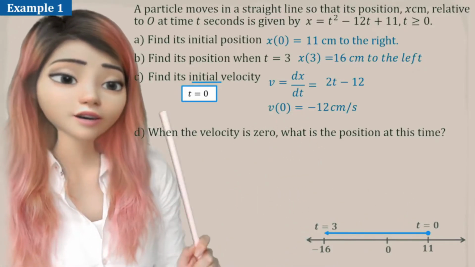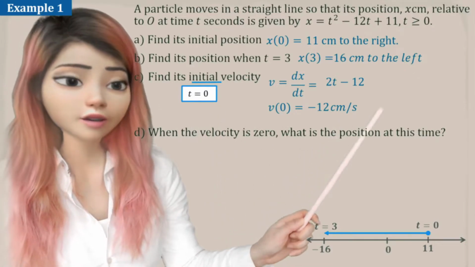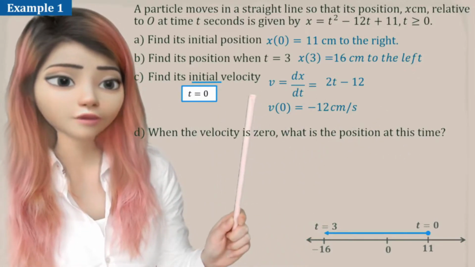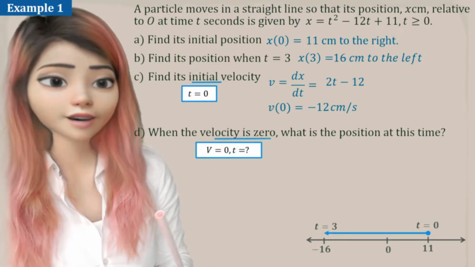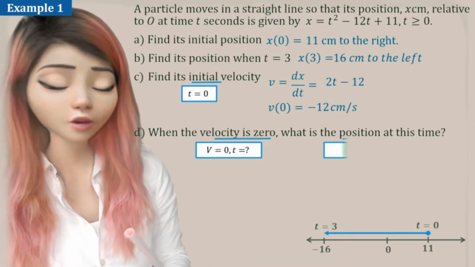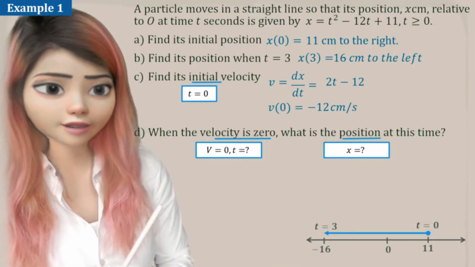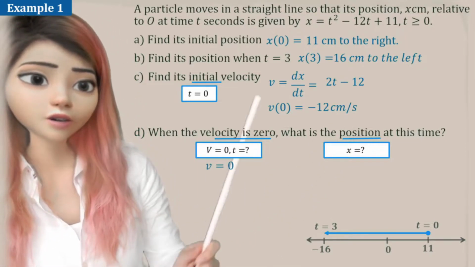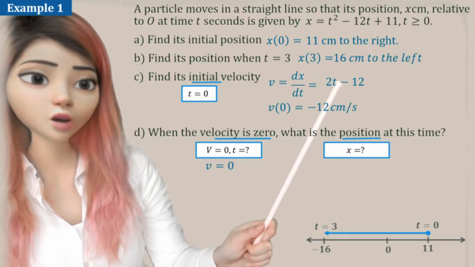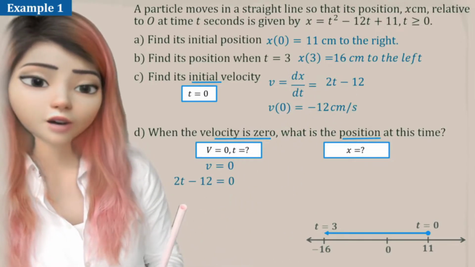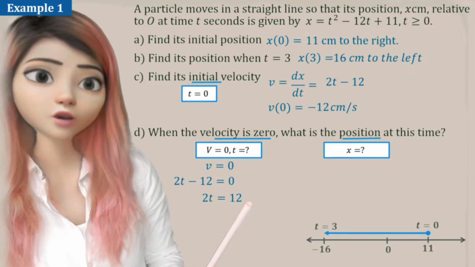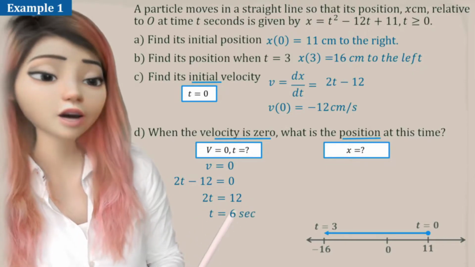When the velocity is 0, what is the position at this time? So when v equals 0, what is x? First we have to find what t is, and then plug t in to find what x is. v is 0, and the equation for v is up here, 2t minus 12. We let that equal 0, so 2t equals 12, dividing by 2, t equals 6 seconds.